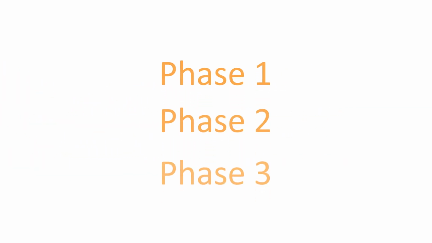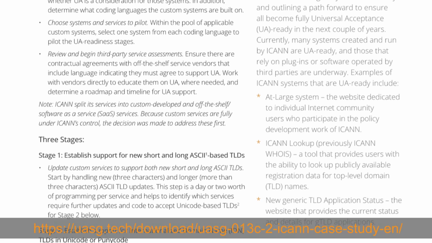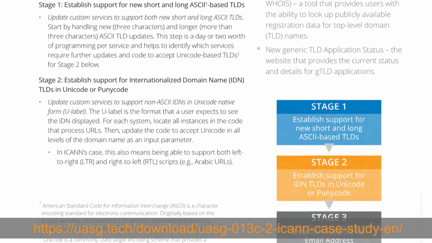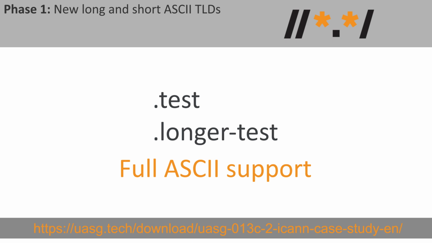UA implementation can also be divided into phases in order to make it more manageable. This is what ICANN itself did, as detailed in the case study published by the Universal Acceptance Steering Group on uasg.tech. The first step is to ensure that newer ASCII-based TLDs work, such as those using more than 4 characters.